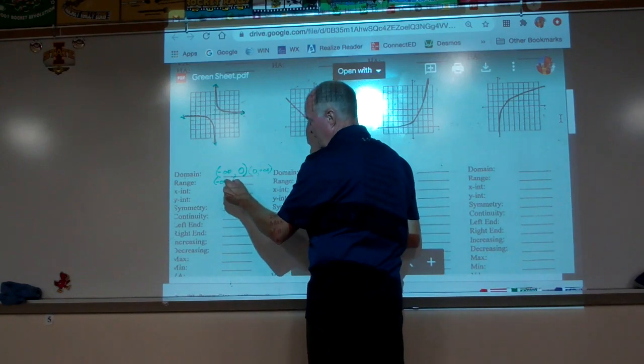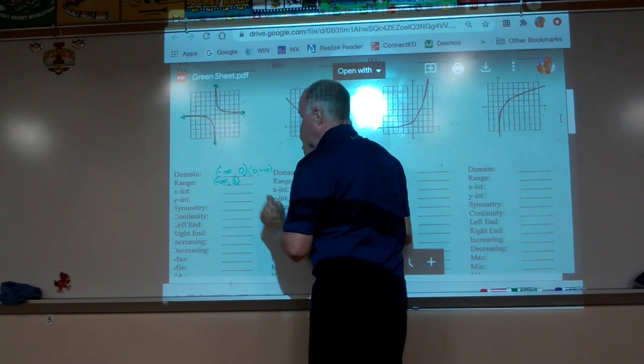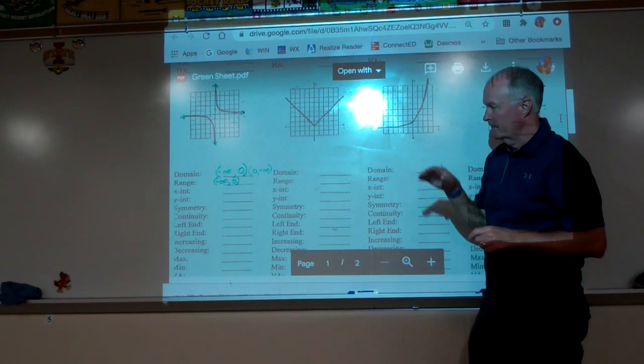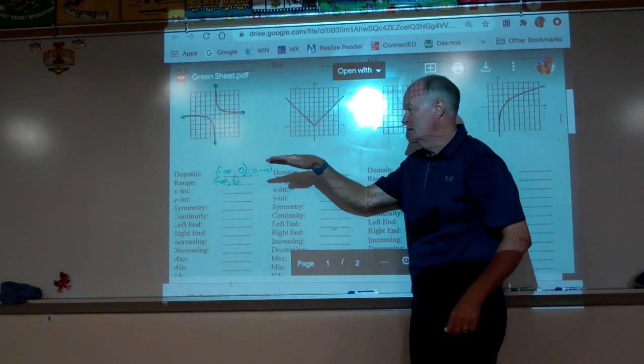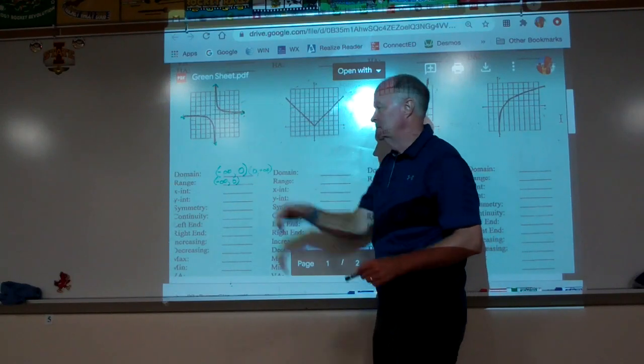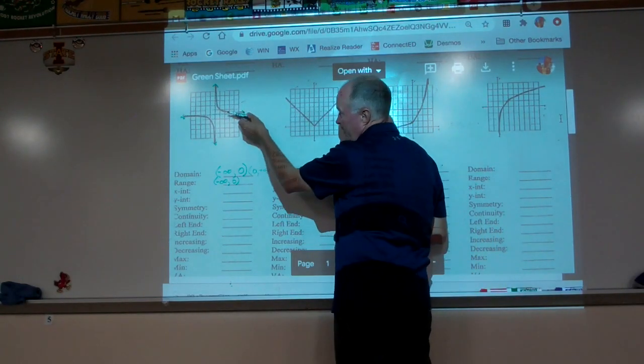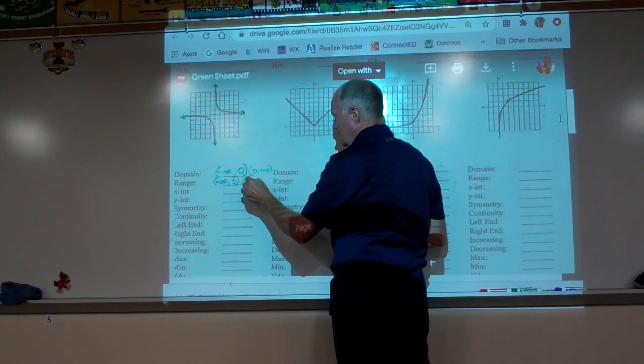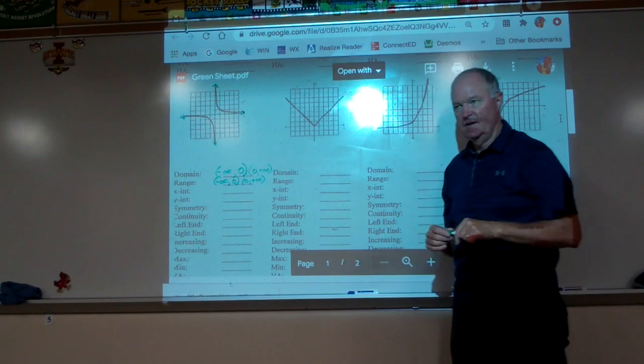And it's a dash line, so I got to put parentheses around it. And like the domain, excuse me, you're just going to hop over the top, and I'm going to pick it up at 0 again, and then I'll be able to get all the way to the top of positive infinity.